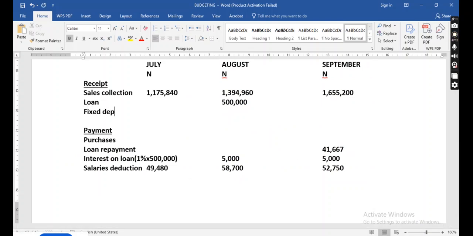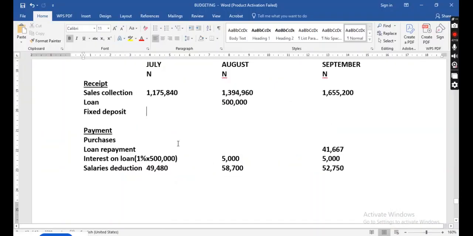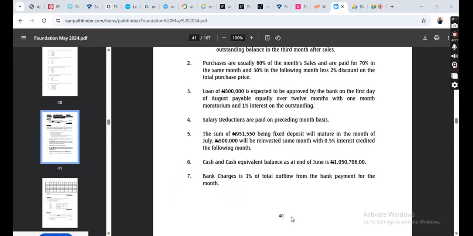Fixed deposit, July. What is the amount, class? The fixed deposit is 951,550. We matured in July. What next? If the fixed deposit is matured in July, 500 will be reinvested same month with 0.5% interest credited the following month.